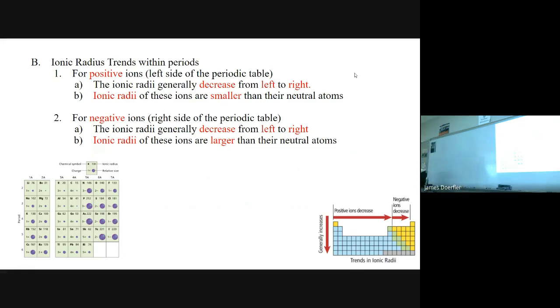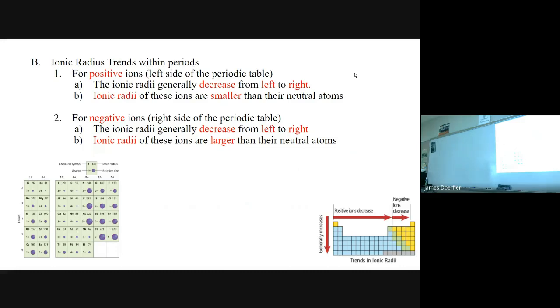So as you go from group 1 over to group 13, they become smaller. It follows a similar trend to the neutral atomic radius trend that we first talked about, but that's only to group 13 for ions.